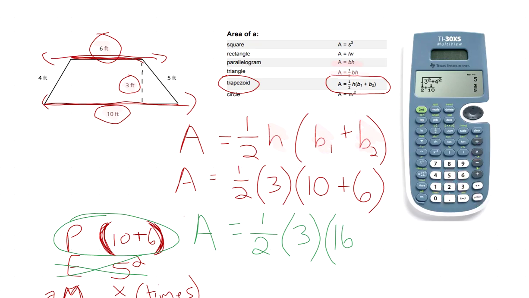Erased my parenthesis there. You can also punch in 1/2 with the calculator, which we have done before when we did triangles. You start a fraction to clear out your calculator completely, and then you're going to start with this n/d button that looks like a fraction with an n on top and a d on the bottom. That's going to open an empty fraction for you, and it'll blink above the space.